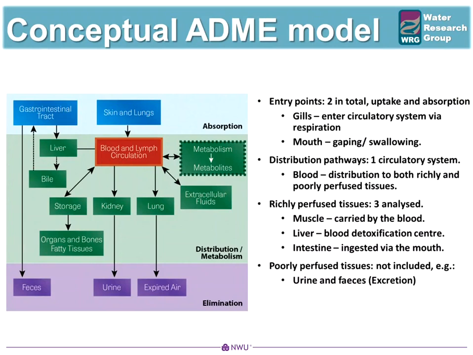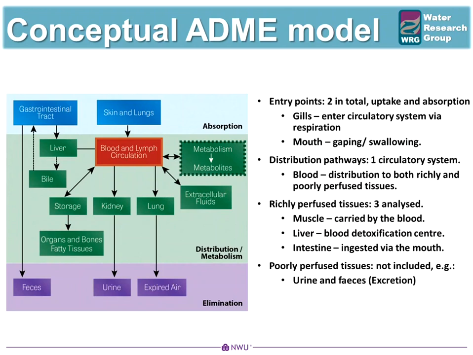As previously mentioned, the study made use of a conceptual absorption, digestion, metabolism, and excretion model to help illustrate the biodistribution of the nanomaterials within the organism. So physiological compartmentalization of Oreochromis mossambicus was done, and 2 entry points were deduced, namely the gills and the mouth, and 1 biodistribution pathway, namely the circulatory system in the form of the blood, whereby the blood is carried to and from richly and poorly perfused tissues.